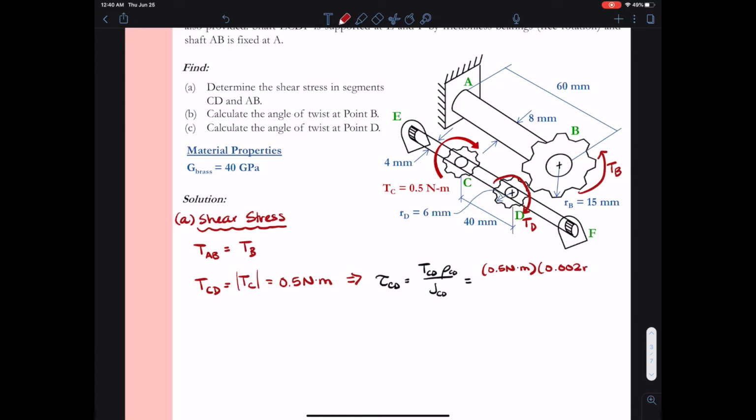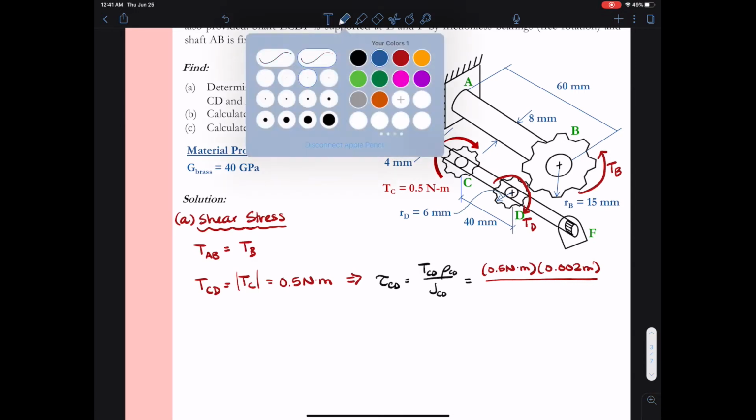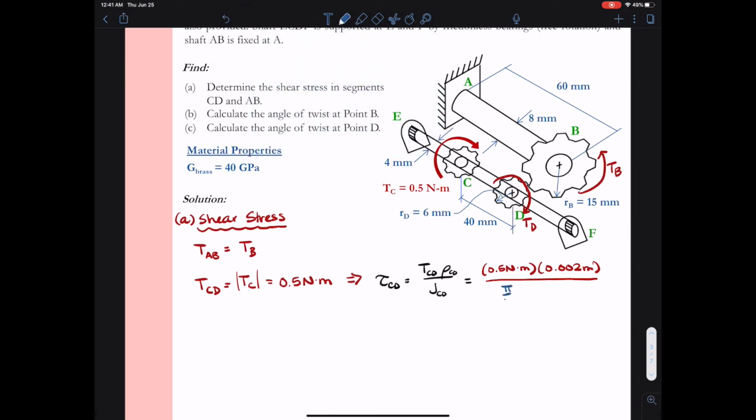in both directions. All right, so our torsion formula says the shear stress equals the torque times the radius over J. So in segment CD, we have that the torque is 0.5 newton meters. We multiply by the radius.